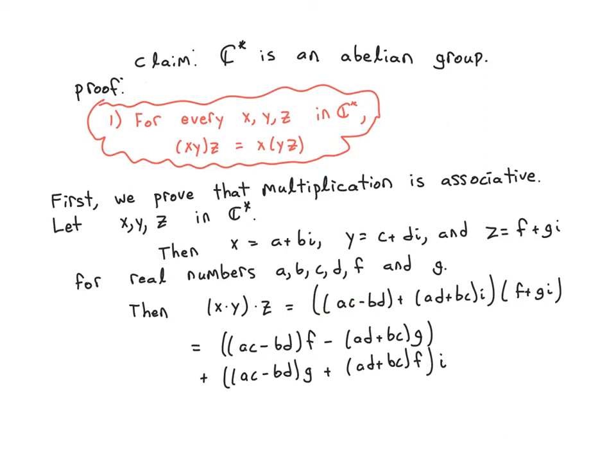So here I'll color code it to go along with. And then ad plus bc times g. Those are the imaginary parts. But then you have the cross terms.